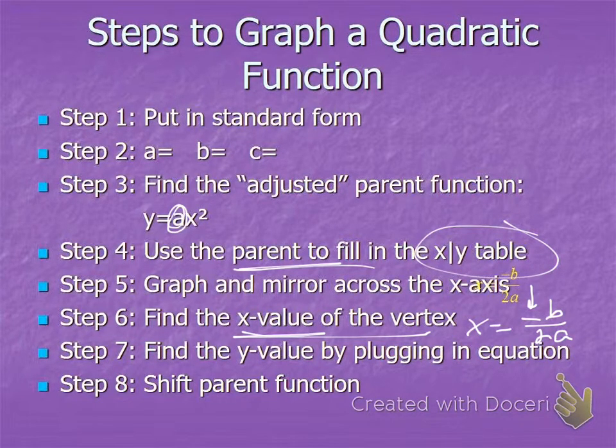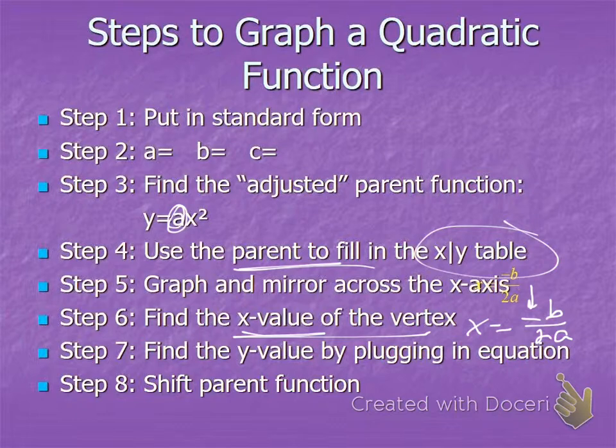We just got to remember that we got to do opposite b over 2a to find the x-coordinate of our vertex. Once we've got that, to find the y-coordinate, we can treat that like an xy table. Just plug in the x value to the function and see what y is. And we're going to want to know what the vertex is. That's what's going to tell us how to shift the parent function that we will have already graphed.